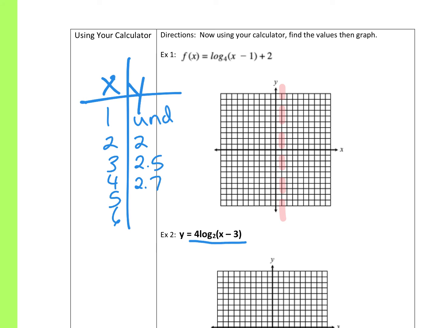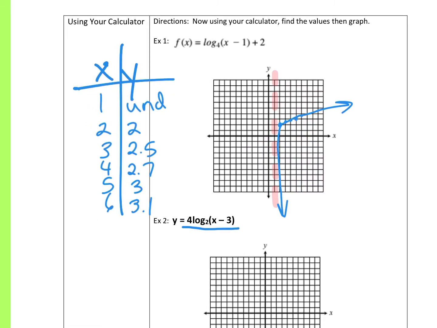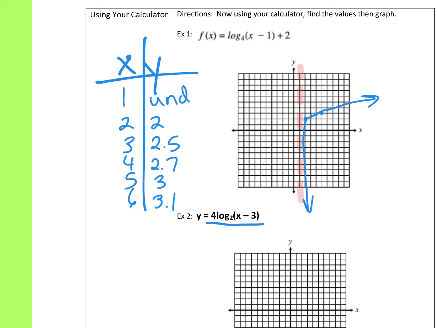What was 5? 3 and 3.1. Cool. Everybody agree with Lydia? Yeah. So, you got something that looked like this, right? Everybody with me?